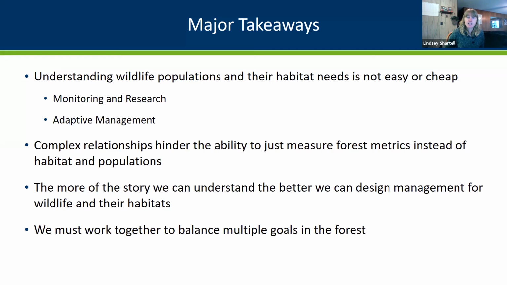Second, complex relationships hinder the ability to just measure forest metrics instead of habitat and populations. The more of the story that we can understand, the better we can design management for wildlife and their habitats. And finally, we must work together to balance multiple goals in the forest. Trade-offs are necessary, and we should be discussing and acknowledging this and working together.